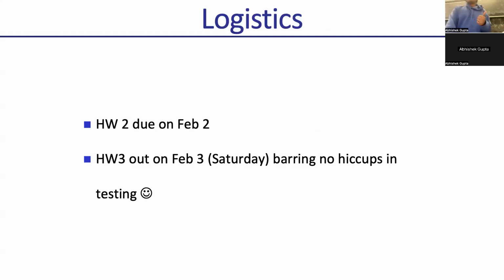Some logistics. Homework 2 is due this Friday. If for whatever reason you're not able to get it done by this Friday, it's okay. Let us know though, and we'll accommodate. We'll try to put out homework 3 on Saturday. Homework 3 covers PID control and pure pursuit.